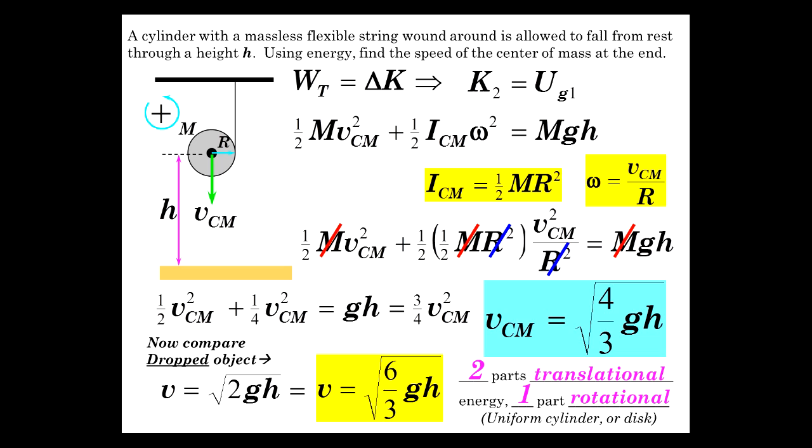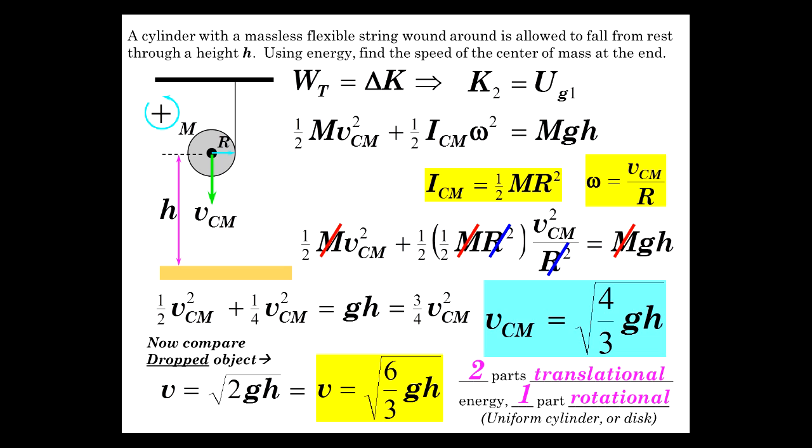And in fact, that ratio, 2 to 1, is a result of the fact that this is a solid disk, a uniform cylinder, so to speak, and since it's 1/2 mr squared for the moment of inertia, only half of the energy that's in translation is wrapped up in rotation.